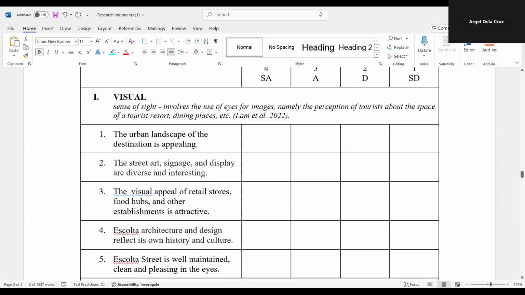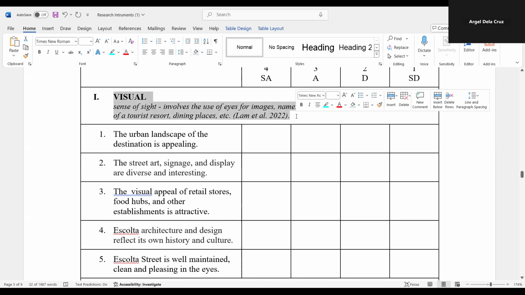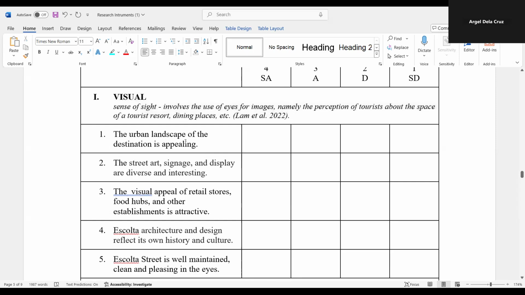So that's basically the definition. And they have operationalized how would you measure visual. So example, this is visual. So visual, according to the study of Lam et al. 2022, is a sense of sight involves the use of eyes, image, namely the perception of tourists about space of the tourist resort. So ito siya, no?